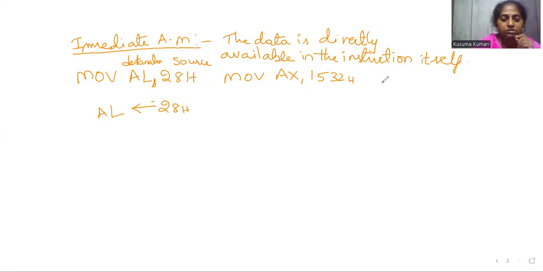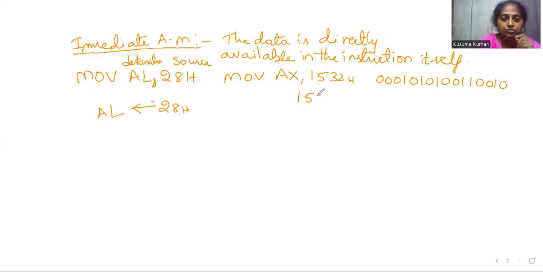This 1532 can be written in binary form as 0001 0101 0011 0010. This is the 16-bit representation, a 16-bit binary or 4-digit hexadecimal number. Because the AX register is 16-bit, this 16-bit number is transferred.